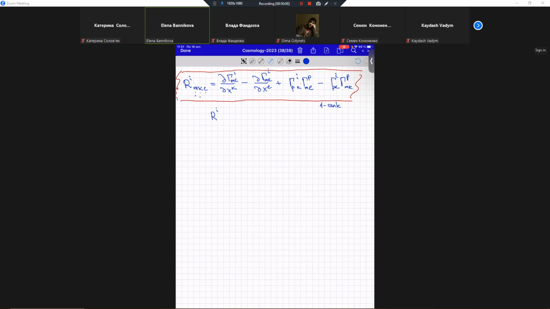So now, as you understand, this is the expression for the Riemann tensor in mixed form, because we have one contravariant component and three covariant components.